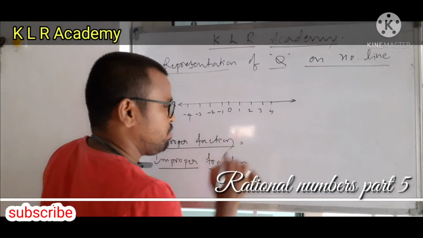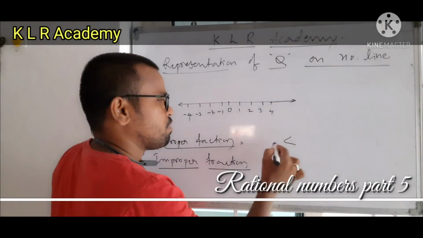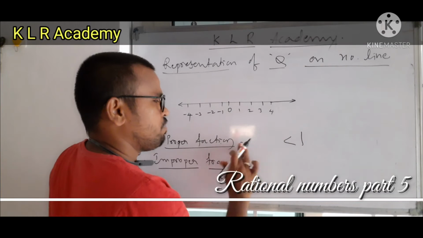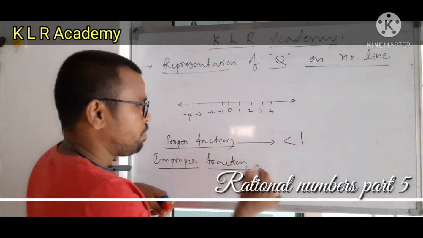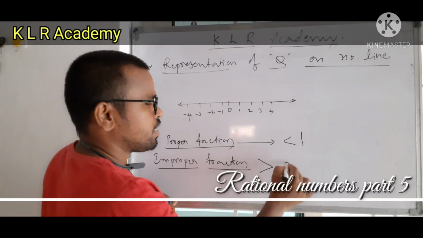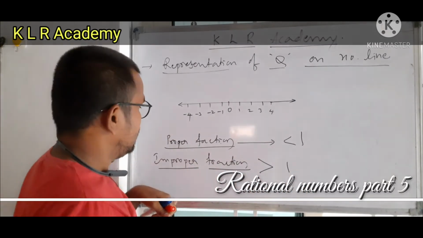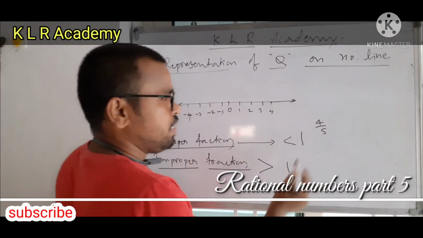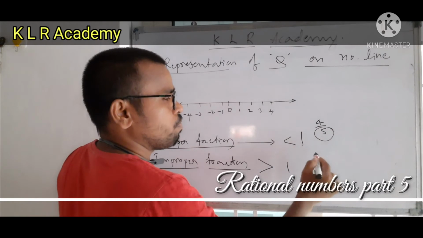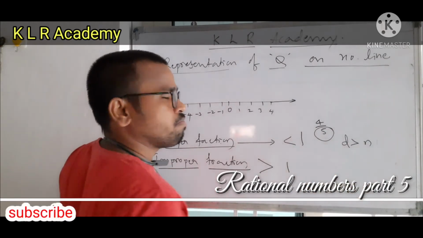A proper fraction's value will always be less than 1, and an improper fraction's value will always be greater than 1. In 4 by 5, the denominator is more than the numerator.